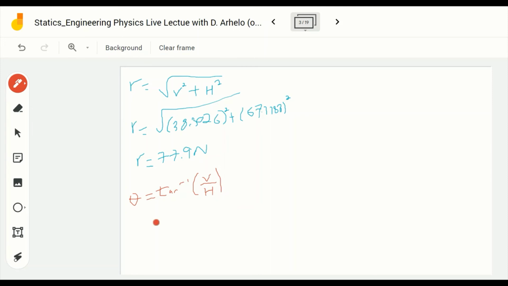So we log in the data: tan inverse of 38.3026 divided by my horizontal component, which is 67.7788.